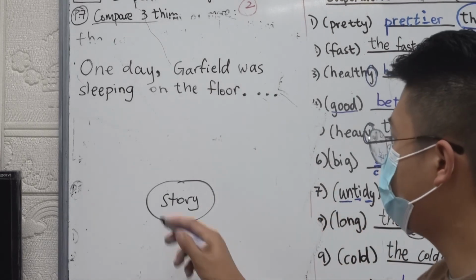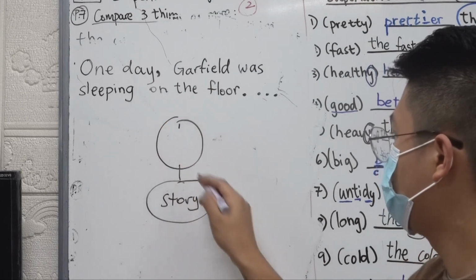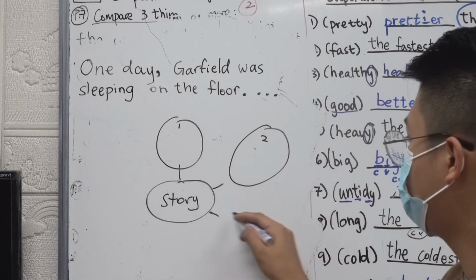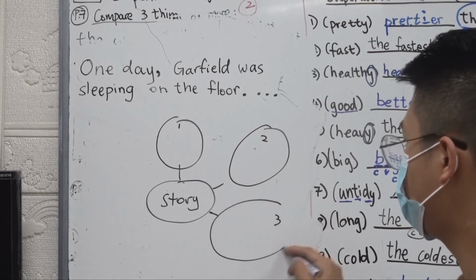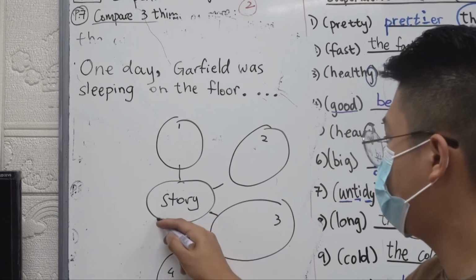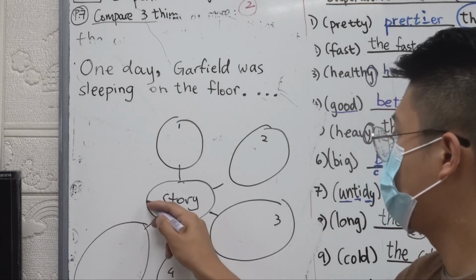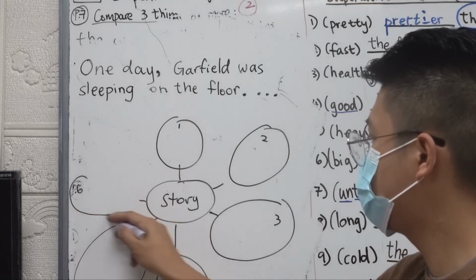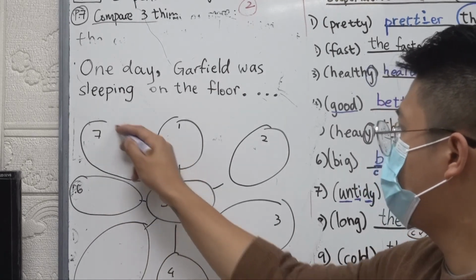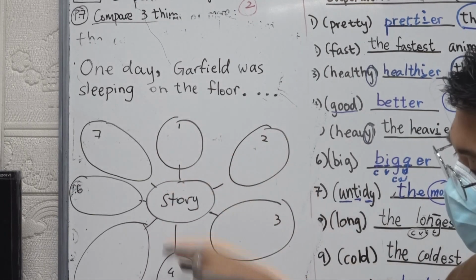And then we have 7 pictures, so you can write picture 1, picture 2, picture 3, picture 4, 5, 6, and picture 7. So we call this our mind map. The story is all of them combined together.